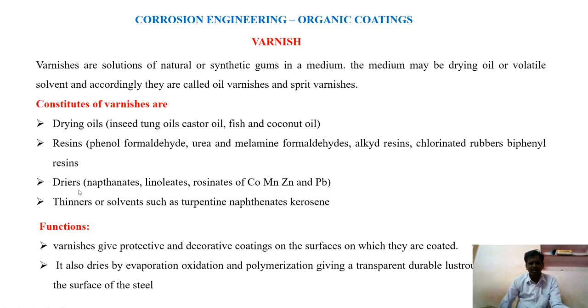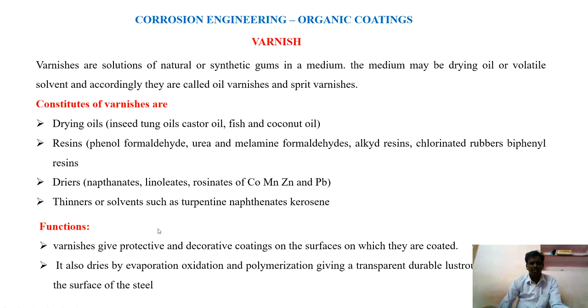Dryers, these materials act as a catalyst to dry that oil. So naphthenates, linoleates, rosinates of copper, manganese, zinc and lead. Next one is thinners or solvents, such as turpentine, naphtha, kerosene, etc. Already we explained the role of thinners in paints. Same role will be played here also. Functions: these varnishes give protective or decorative coatings on the surface on which they are coated.